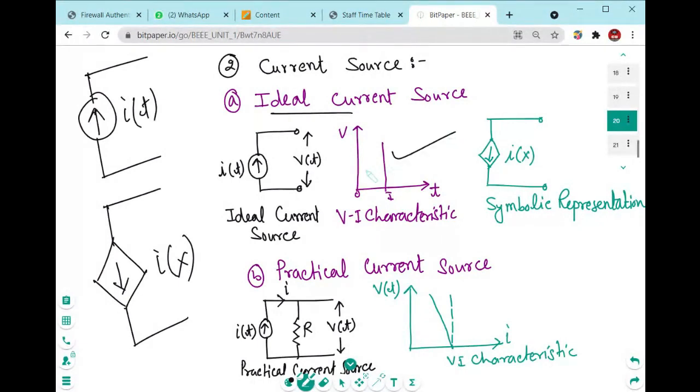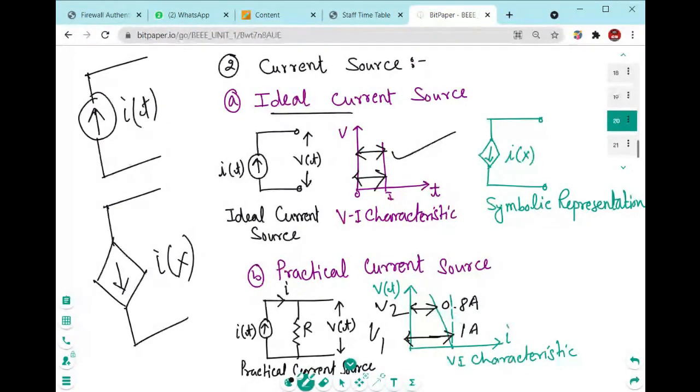You can see here the VI characteristics of an ideal current source. At every voltage the current remains the same. But when we discuss a practical current source, at voltage level V1 it is, let's suppose, 1 ampere, but at voltage level V2 it decreases to, let's suppose, 0.8 ampere.